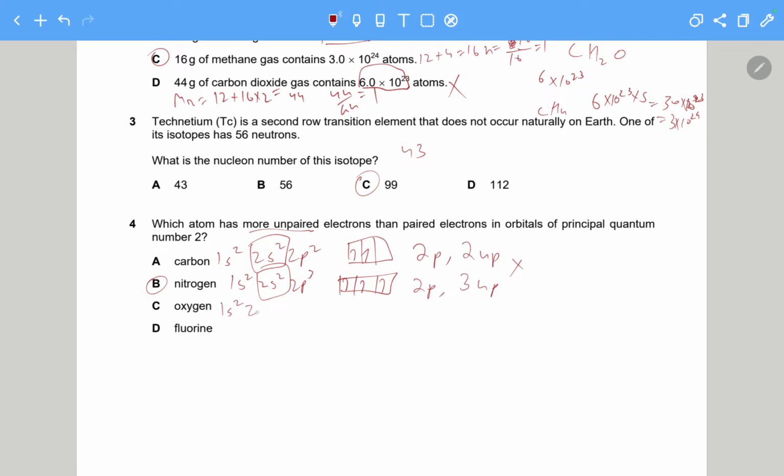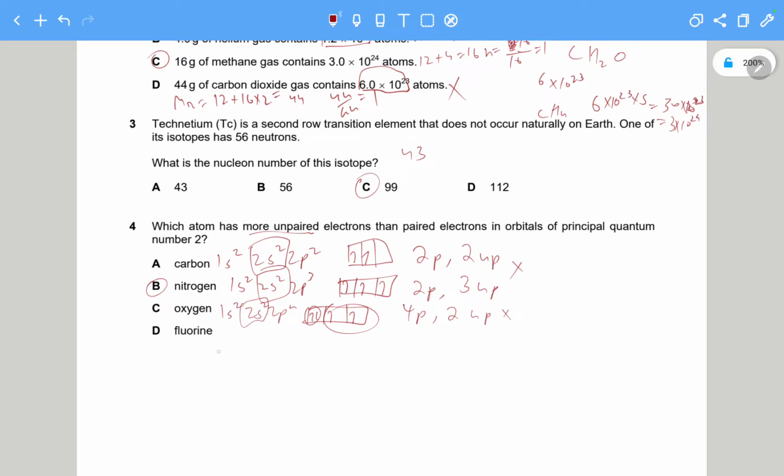Oxygen is 1s2, 2s2, 2p4, and again in 2s everything is paired. 2p is 1, 2, 3 and 4. So we have 4 paired and 2 unpaired, because these 2 are paired, the 2s electrons are paired, and then these 2 are unpaired. So 4 paired, 2 unpaired, so this cannot be the answer.